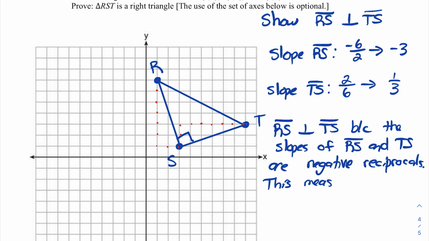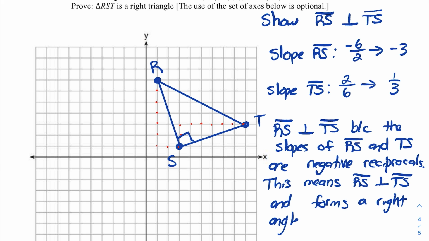This means RS is perpendicular to TS and forms a right angle. Triangle RTS is a right triangle.